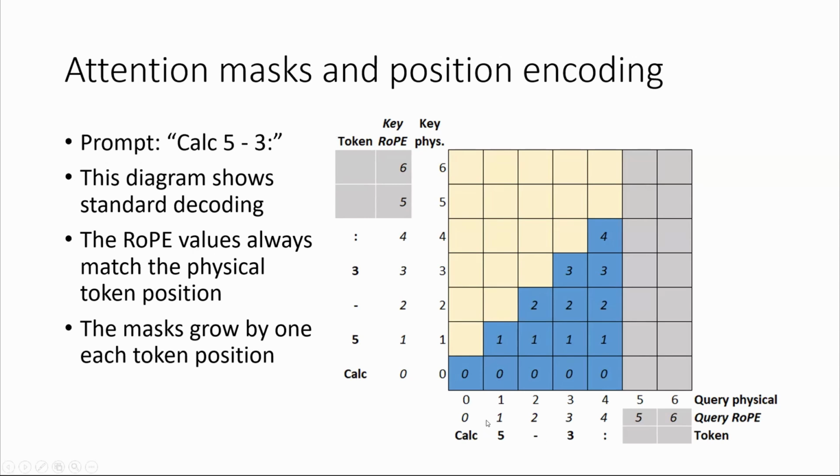So again, the query rope for a particular token like 5 is always going to be the same as the key rope for the token 5. If one of them is 1, the other one is going to be 1. But I just wanted to repeat everything on the bottom, on the left, because when I start messing with this, it's going to be a little bit harder for you to mentally keep track of where all the numbers are.